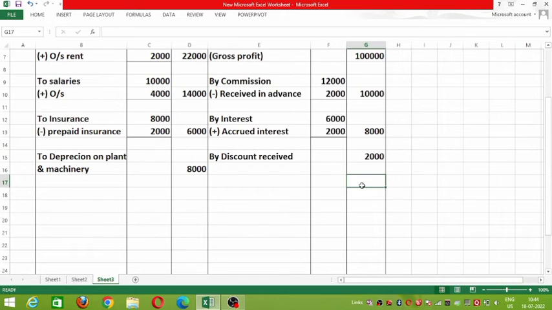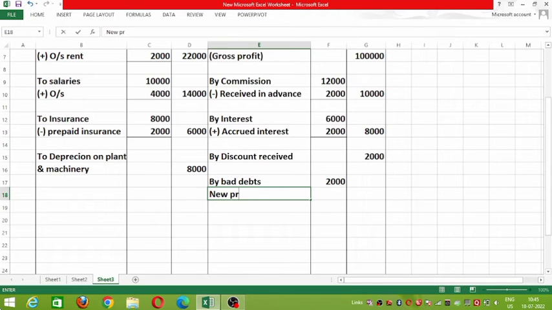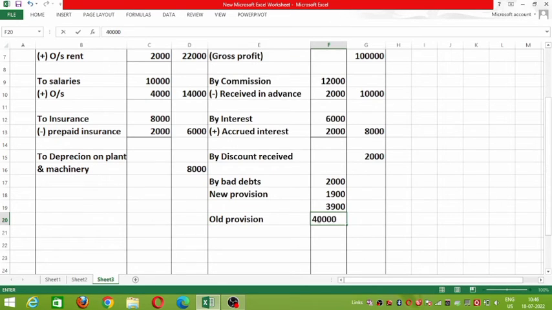Okay, this 100 rupees should be credited to P&L account. In the outer column, 100 rupees, the difference amount, we should write it here. And also the further bad debts, whatever they have given, that will be debited to P&L account. 2,000.